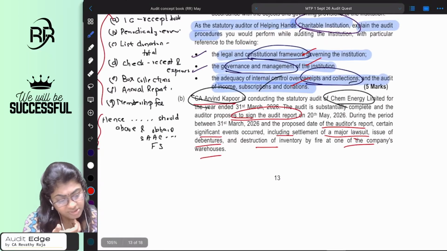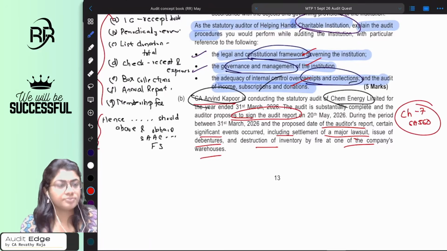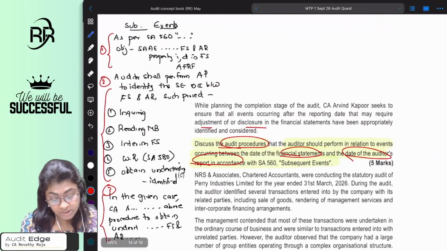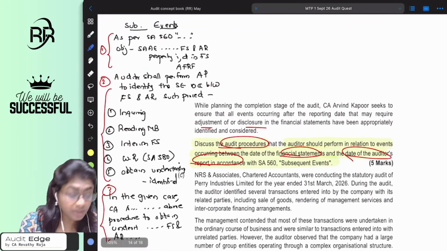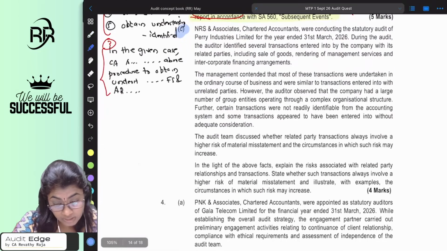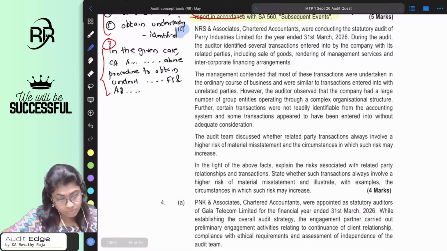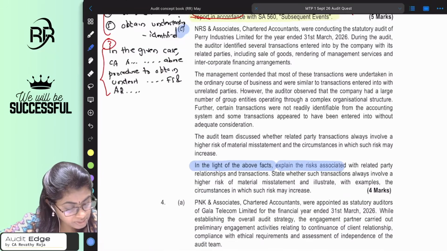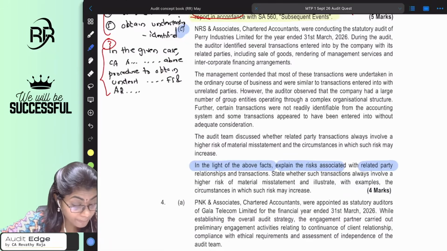So this question is from chapter number 7, SA 560. Now see, life is a race. Run to the next question. Come on. Where is C? Here. In the light of above facts, explain risk associated with related party.